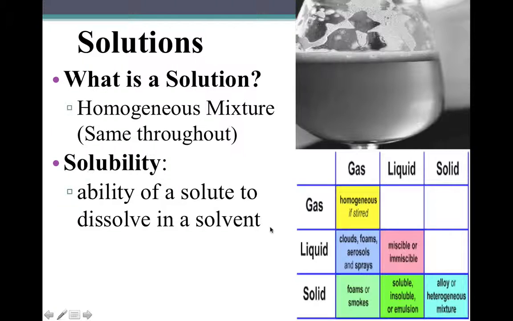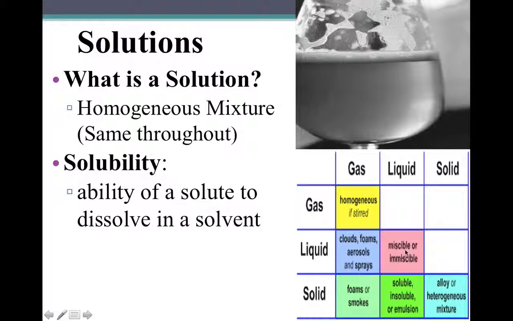Okay? And over here, this chart identifies different ways that you can have solutions, like a gas and a gas could be homogeneous, like the vapor in the air, liquids into a gas, forming clouds, foams, aerosols, and sprays.